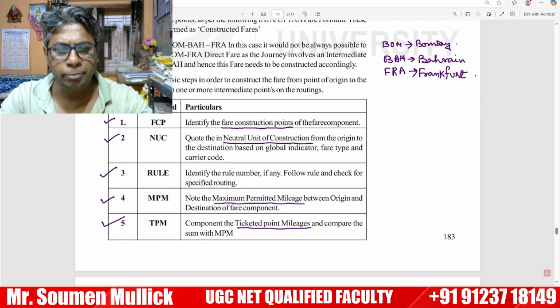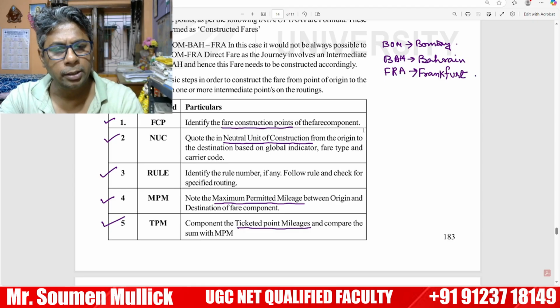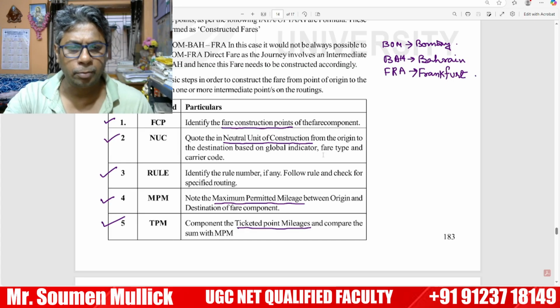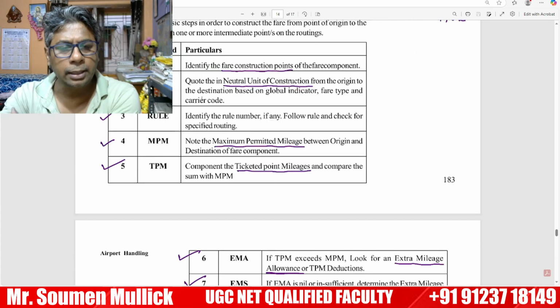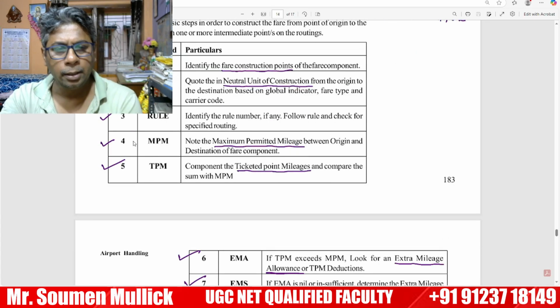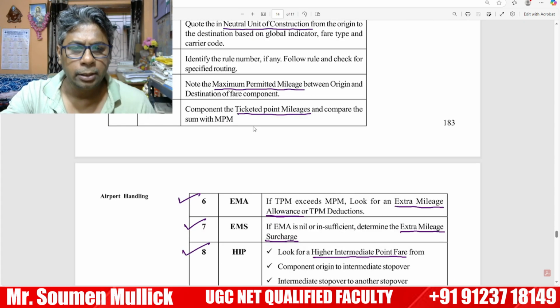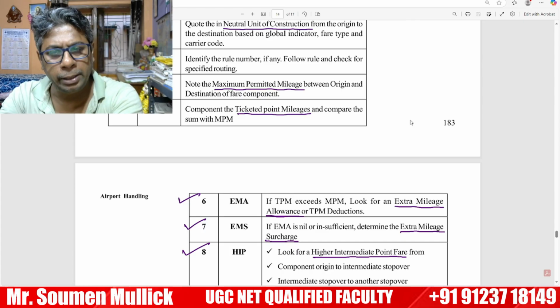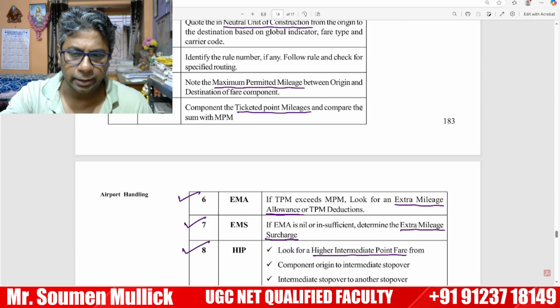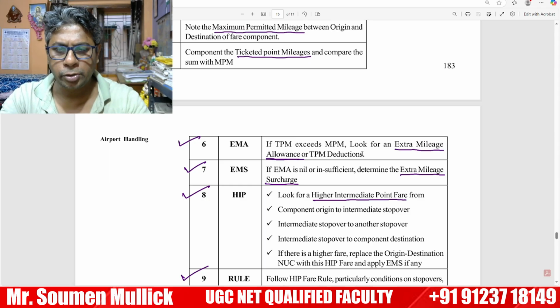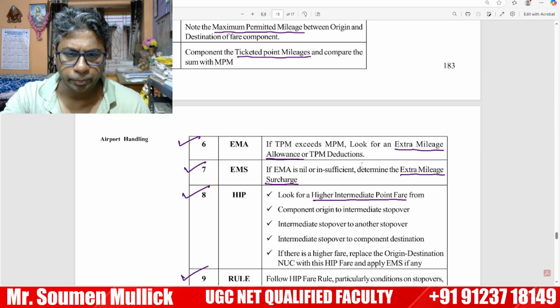First of all, FCP, fare construction point. Second, NUC, neutral unit of construction, from origin to destination. Third, different rules would be applied. Then calculation of MPM, maximum permitted mileage. Then ticket point mileage would be calculated. Then EMA, which means extra mileage allowance, or TPM deduction.